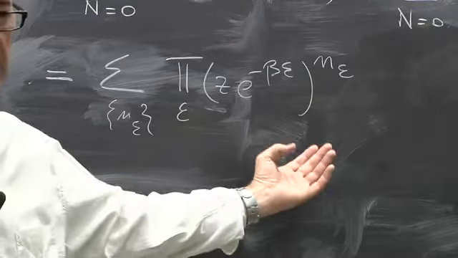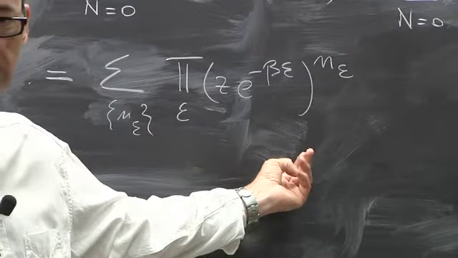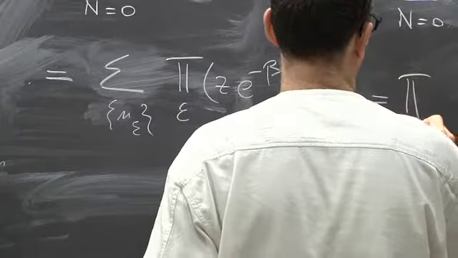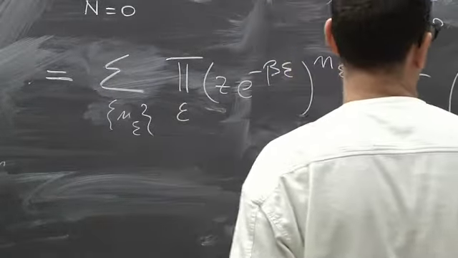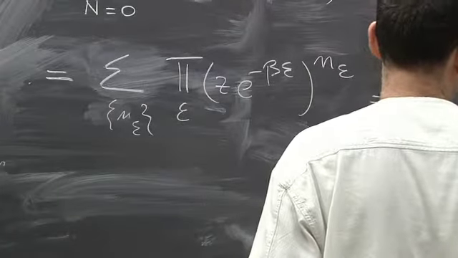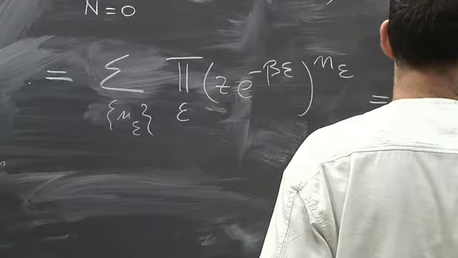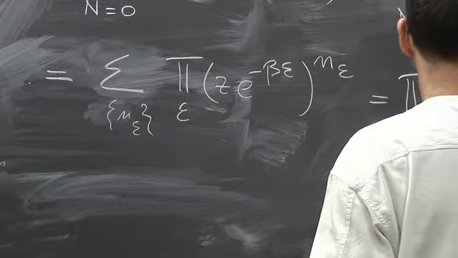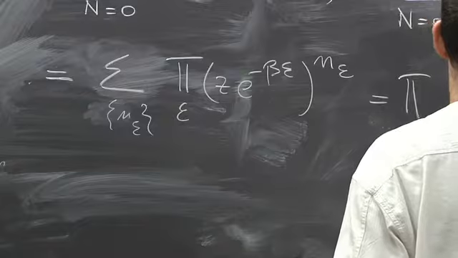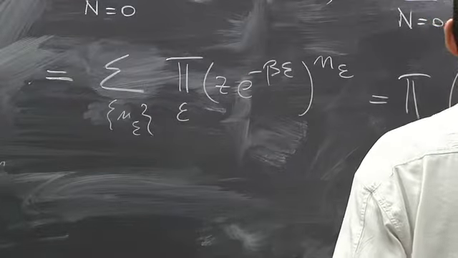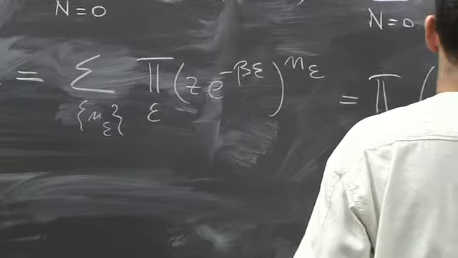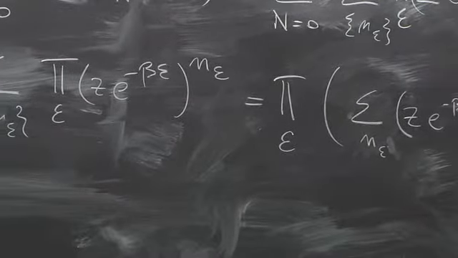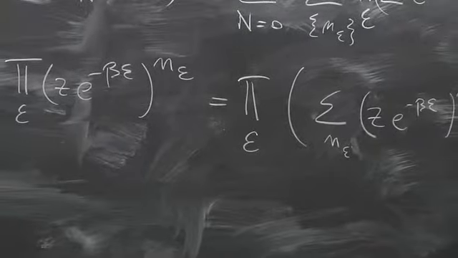So I can factorize the sum. I can write this as the product over all the energy levels of a sum over the single energy level, depending on the statistics, of z e to the minus beta epsilon to the n epsilon. So this is much simpler.